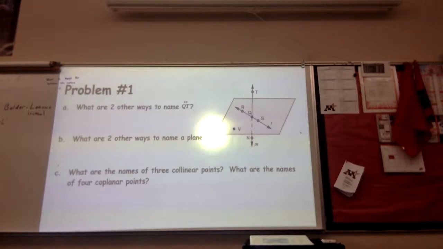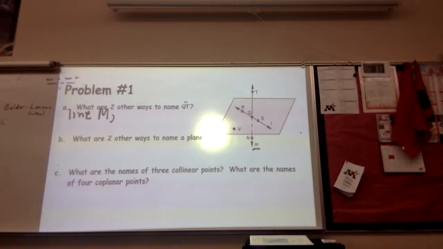Okay, it's that vertical one, so if it's the vertical one, what would it be? Not L, but you see it? You could do a line M, right? That's what they labeled that line. So that's one way you could do it. That's a good way you could do that one. What about any other ways?